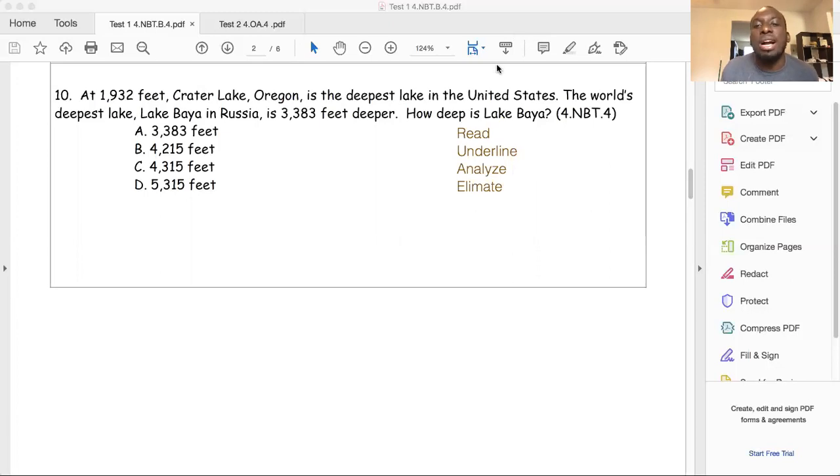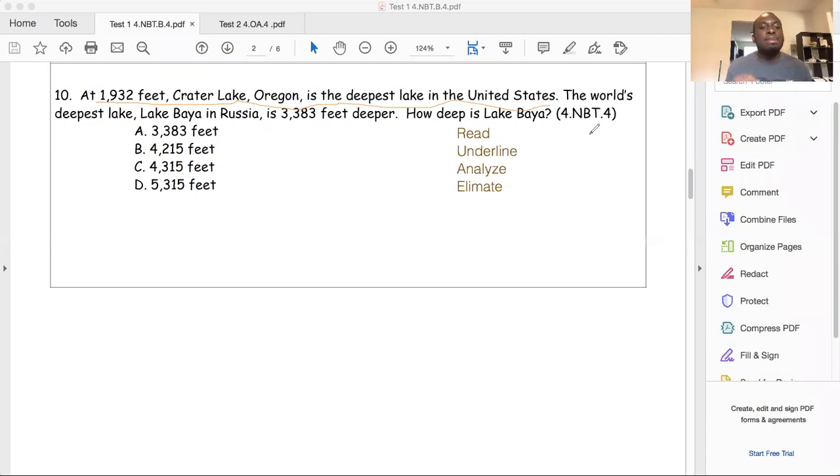Now I'm going to underline. When I underline, I'm going to underline all the key important information. I know that at 1,932 feet, Crater Lake, Oregon is the deepest lake. I need to underline that.